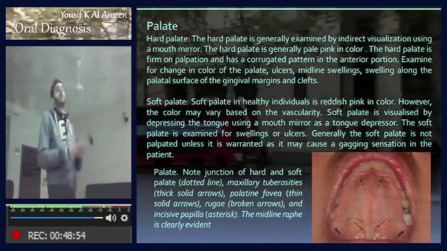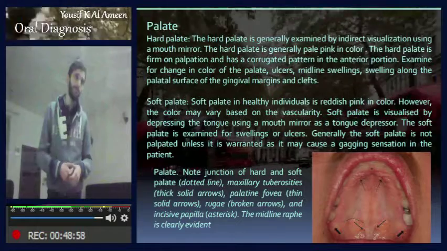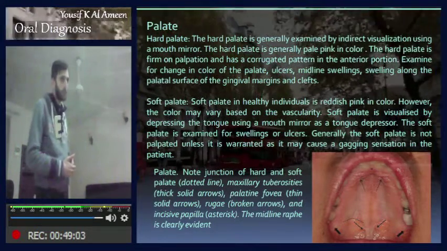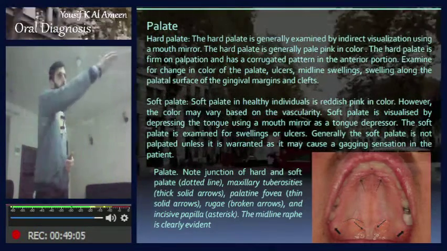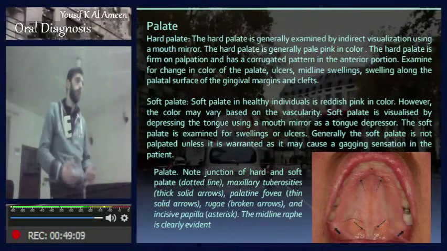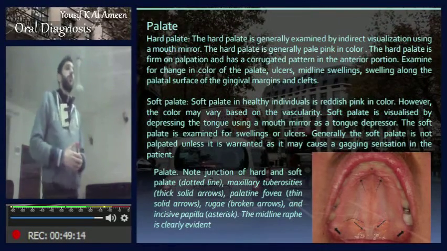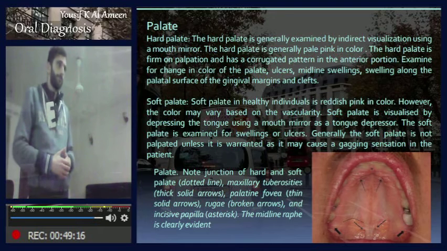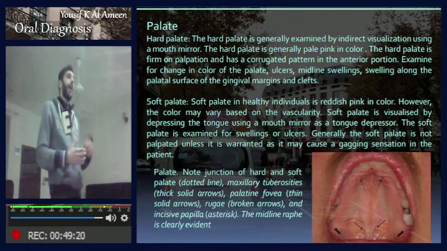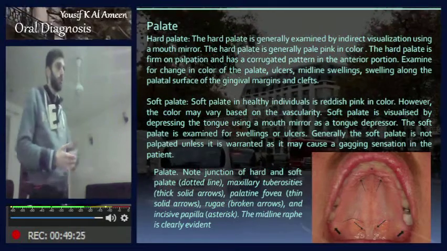The palate. Hard palate. The hard palate is generally examined by indirect visualization using a mouth mirror. The hard palate is generally pale pink in color and has a corrugated pattern in the anterior portion.